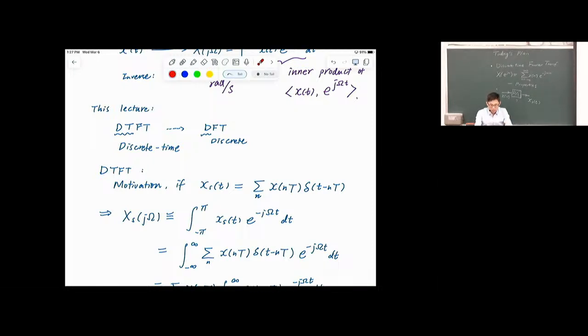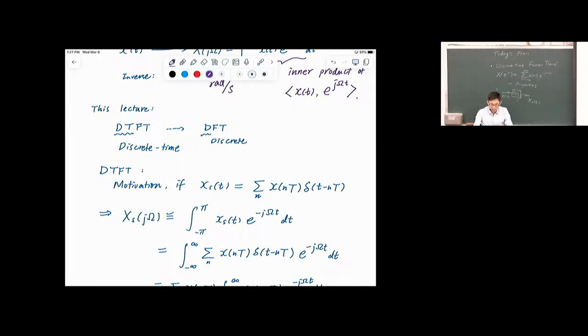We will introduce DFT later, but let me mention it just for your information. What's different between DFT and DTFT is that in DFT, the frequency domain is also discrete. We have finitely many frequency lines in the frequency domain.